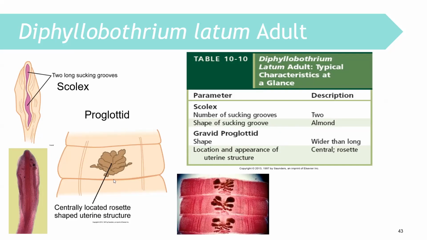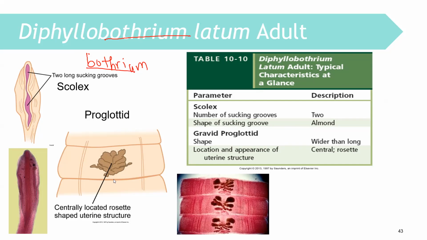It looks like a mussel, again because of its characteristic of being a pseudophyllidean with a spoon-like structure. Take note that these are the two suckers of Diphyllobothrium latum, and the sucker of Diphyllobothrium latum is called a bothrium.